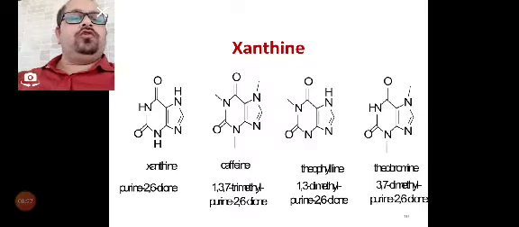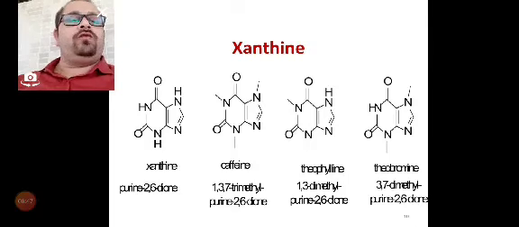caffeine. If you look at the theophylline structure carefully, you can easily find out the difference between caffeine, theophylline and xanthine. Theophylline is a dimethyl substituted xanthine. Caffeine is tri-substituted, theophylline is disubstituted, and theobromine is also disubstituted.